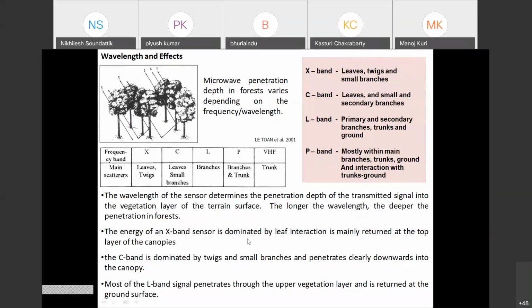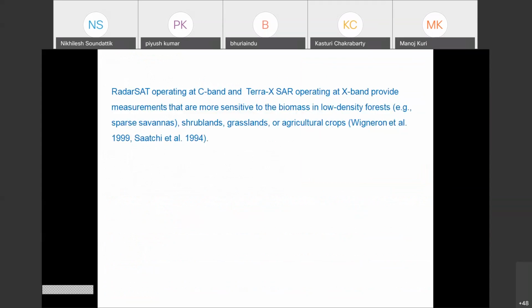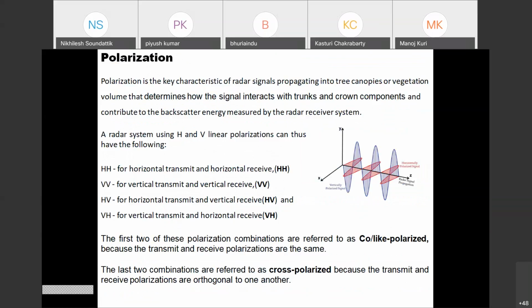So X band is dominated by leaf interaction, mainly from the top of the canopies, C band by the twigs and small branches, and L band penetrates deeper into the trunks and, to some extent, depending on the forest density, to the ground surface also. So we have various satellites working in C band and X band, which are providing us information on these forest aspects.